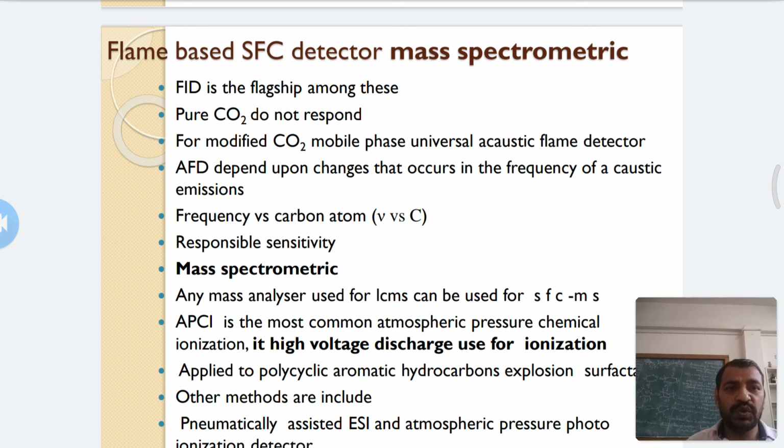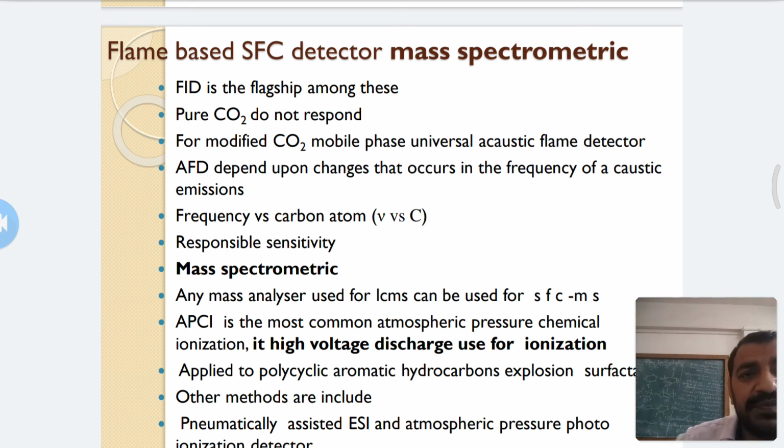Pure CO2 does not respond. For modified CO2 mobile phase, a universal acoustic flame detector, AFD, is used. The acoustic flame detector depends upon the change in frequency of acoustic emission.